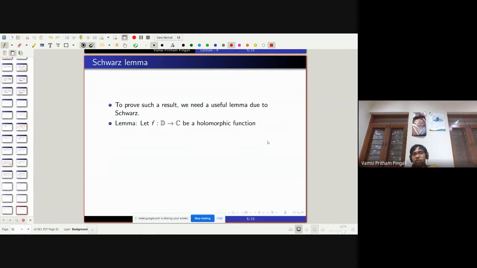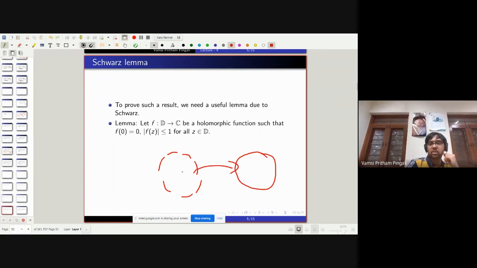Let f from the open unit disk to the complex plane be a holomorphic function such that f of 0 is 0 and mod f of z is less than or equal to 1. So f is a holomorphic function that takes the disk to the complex plane, with the image somewhere here. 0 goes to 0.